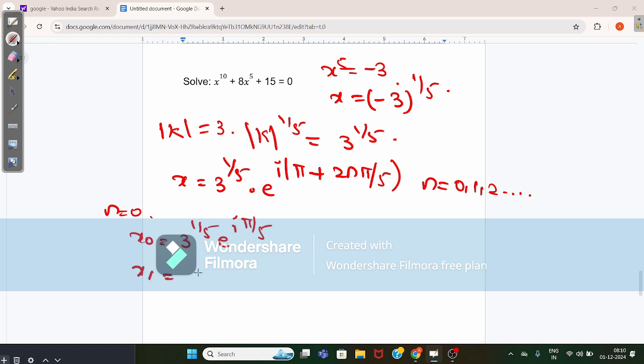x1 value, n value is 1. So 3 power 1 by 5 into e power i 3 pi by 5. n value is 2. x2 value will be 3 power 1 by 5 e power i 5 pi by 5.